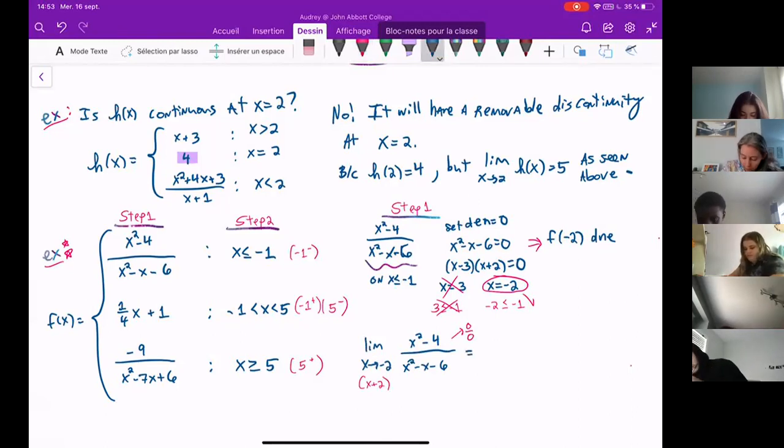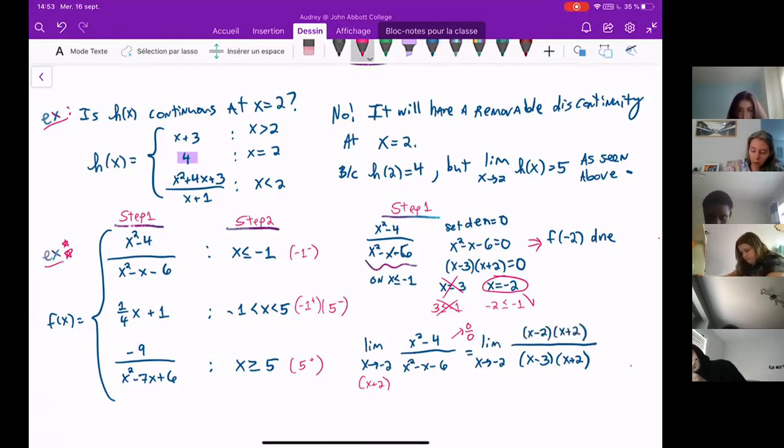And we've already factored the denominator into x minus 3 times x plus 2. And the numerator is a difference of squares. So there we go. I have my x plus 2's. I can cancel them out. And I end up with -4 over -5, which gives me a +4/5.